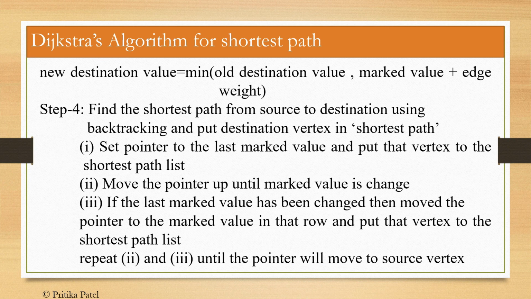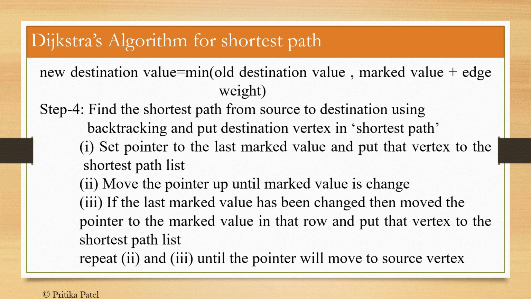The value updation formula is: new destination value is equal to the minimum of old destination value and marked value plus edge weight. So this is the formula which we use to update the value of the new destination.